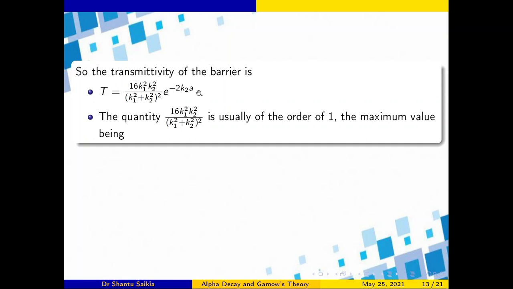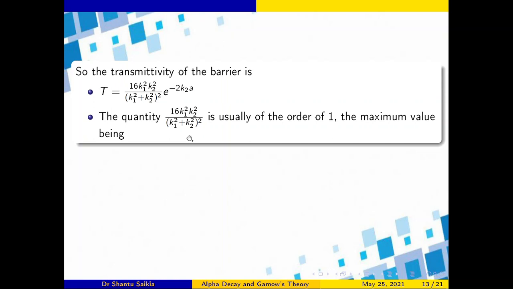So if we put it back here, and considering that V is greater than E, this is usually of the order of 1, the maximum value being 4. Experimentally measured values of alpha particle energy from sources are somewhere around 4.